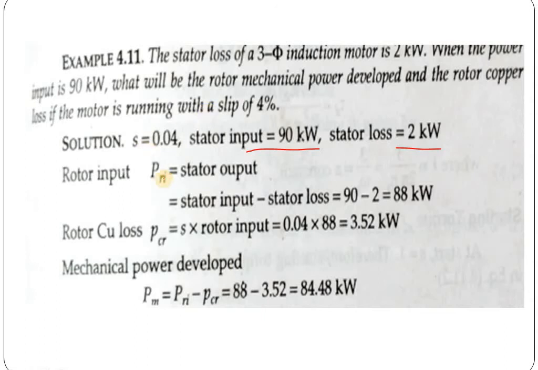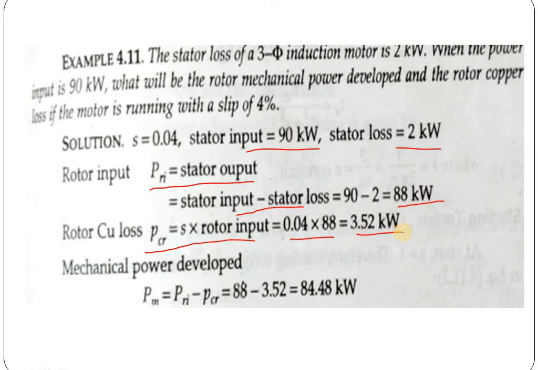So rotor input will be equal to stator output. Definitely rotor input will be stator input minus stator loss, that is 90 minus 2, 88 kilowatts. So rotor copper loss will be S into rotor input, that is 0.04 into 88, 3.52 kilowatts.